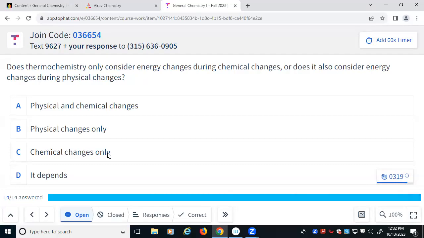It's not going to work. I have to include some heat. Heat has to go into it in some kind of way. So yes, there's going to be energy changes involved in physical changes as well. So the ultimate answer here is A. Physical and chemical changes are able to be explored in this kind of way.